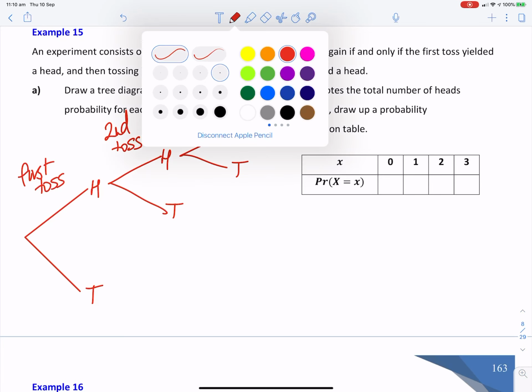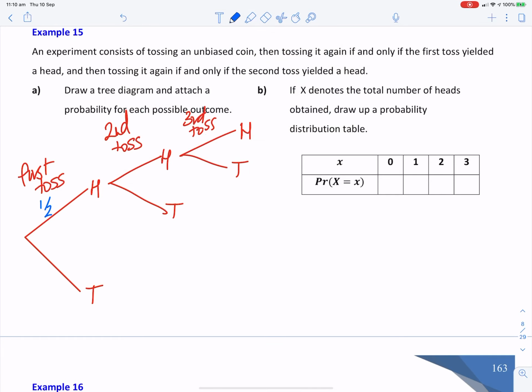We know when it's unbiased, we've got a half and a half, a half and a half, a half and a half.